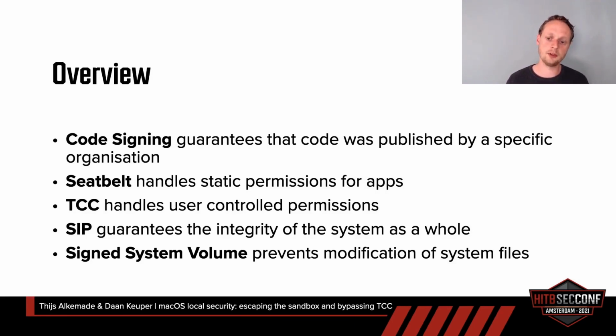TCC handles user-controlled permissions like camera access and screen recording access. Those are dynamic. SIP guarantees the integrity of the system as a whole, so that you cannot change certain key parts of the operating system. And the signed system volume prevents modification of system files and makes sure that on every reboot it is in a known good state.